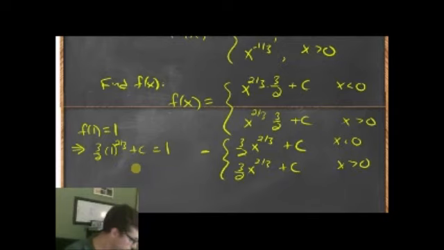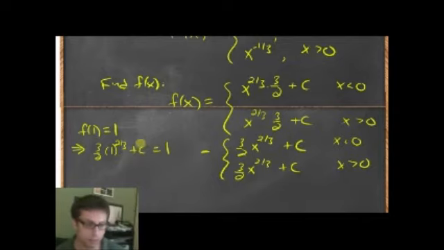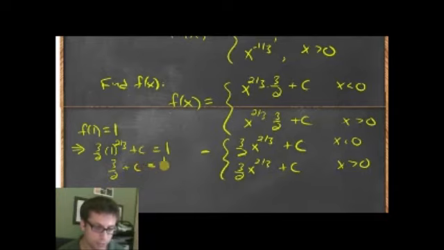And then the f of negative 1, sorry. Okay. So we get 3/2 plus c equals 1. So that's 1 minus 3/2 if you were to solve for c, which is negative 1/2.